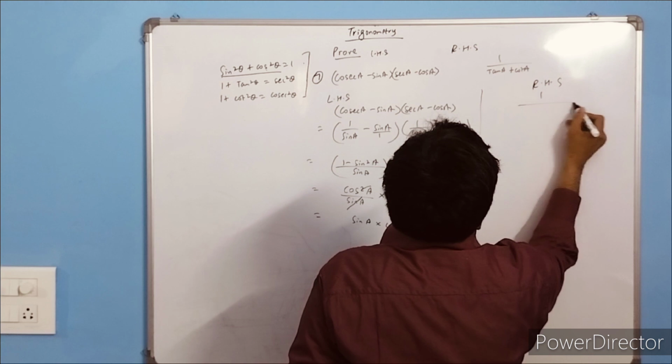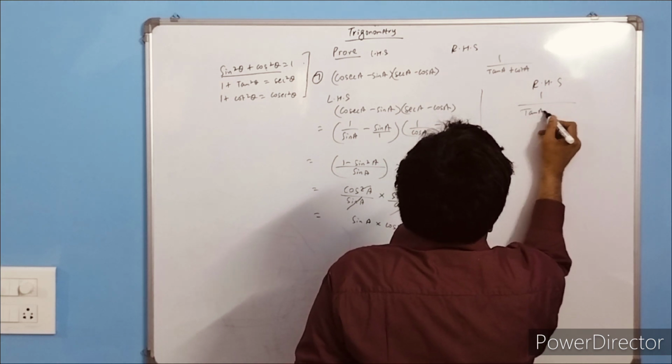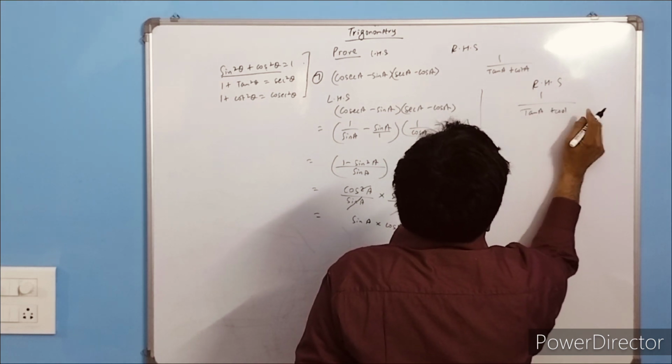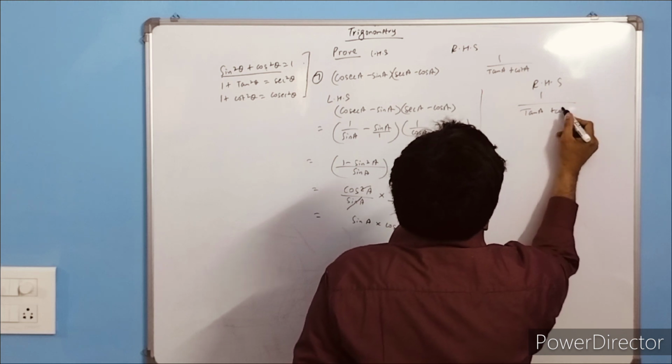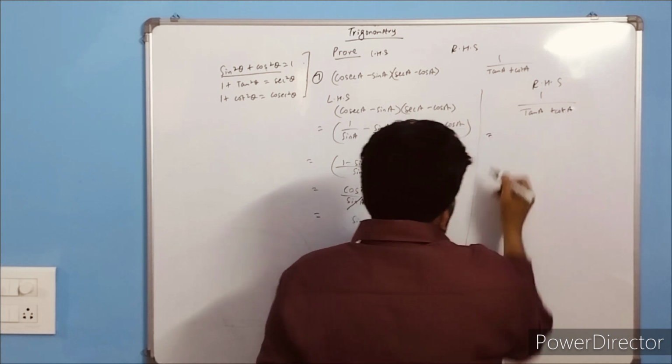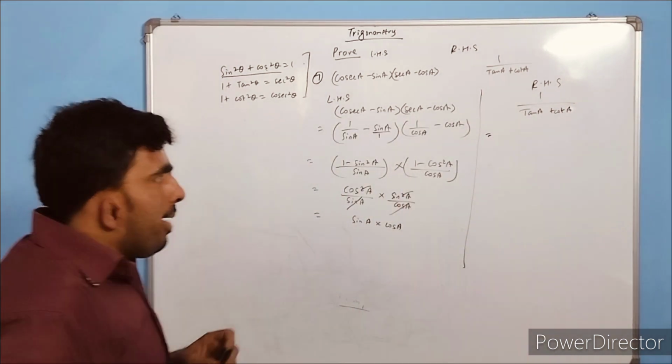RHS is 1 upon tan A plus cot A. Now what we can do here?